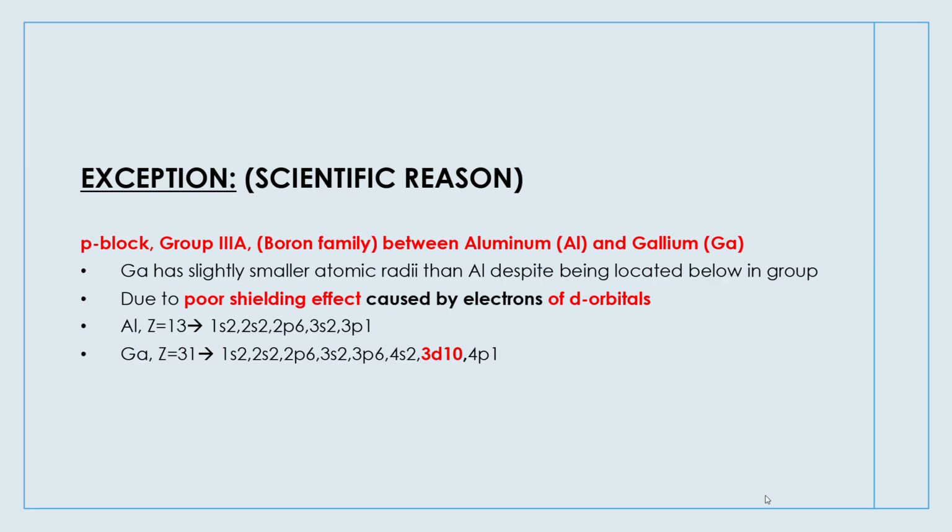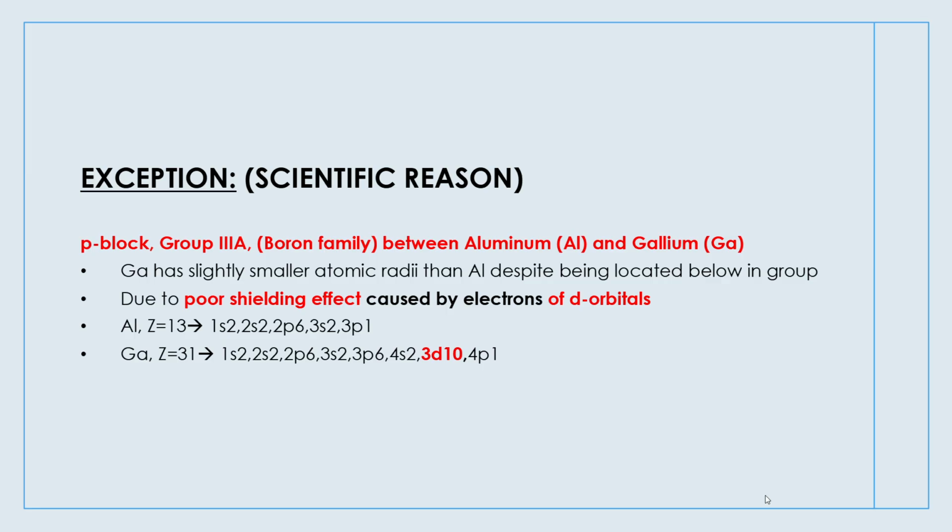But in gallium, you can see that the d orbital is also involved. So the electrons present in the d orbitals are causing the poor shielding effect, which results in the decrease of the atomic radius. So this poor shielding effect caused by the electrons of the d orbitals causes a smaller atomic radius between aluminium and gallium despite gallium being located below in the group.